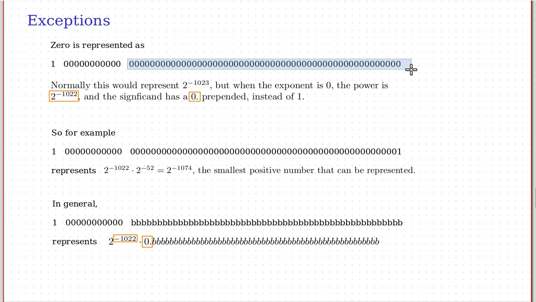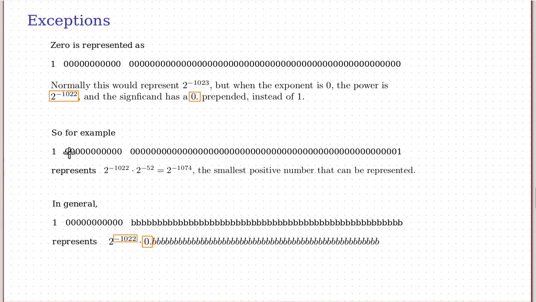So then this represents 2 to the negative 1022, but times 0, not 1. Okay? As another example, suppose you had the number 1 in the sign bit, all zeros in the exponent bits, and then all zeros except a 1 at the very end in the significand bits.